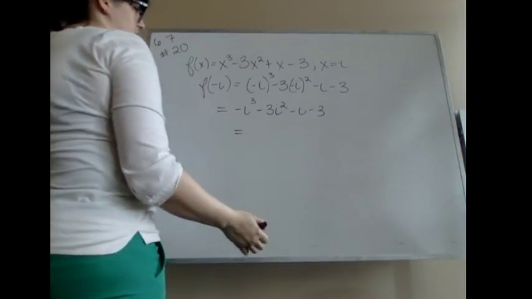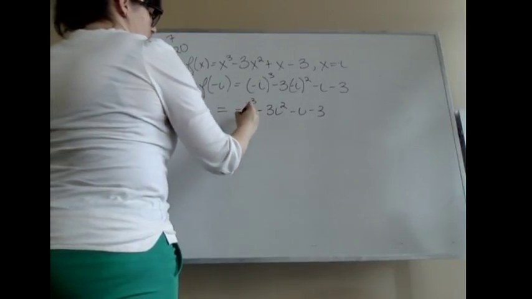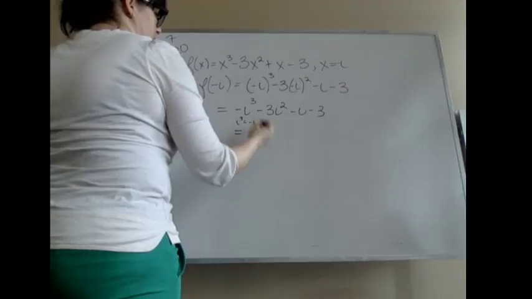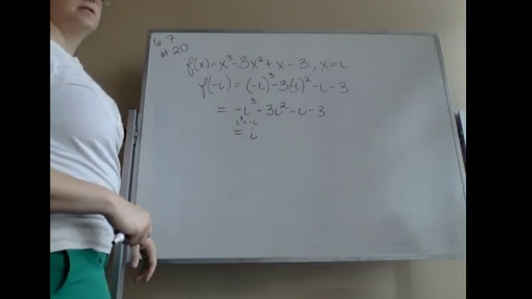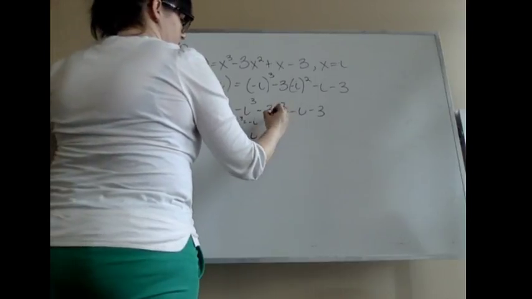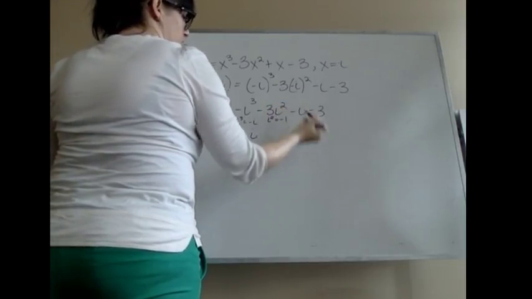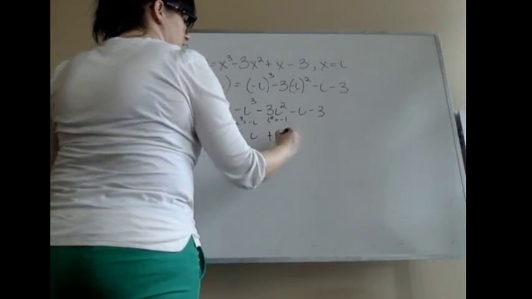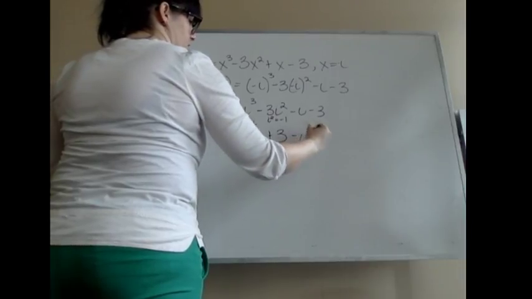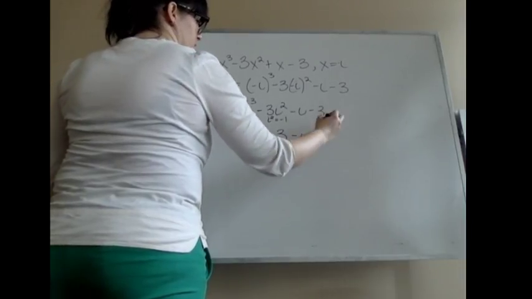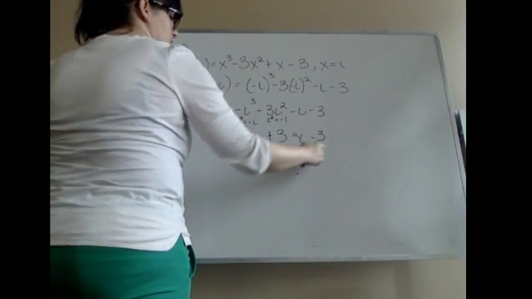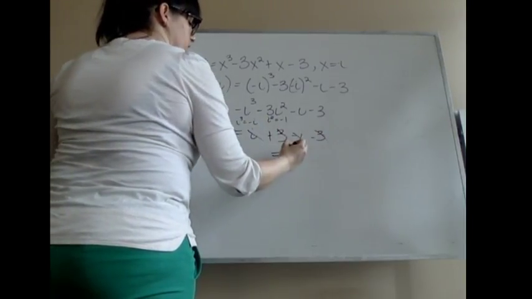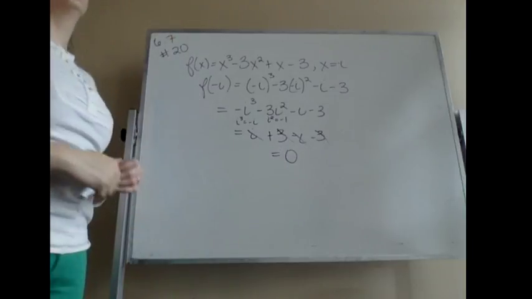This simplifies: i cubed equals negative i, so this becomes a positive i because it's a negative negative. i squared equals negative 1, so this becomes plus 3 minus i minus 3. Additive inverses equals 0. So yes, it's a root.